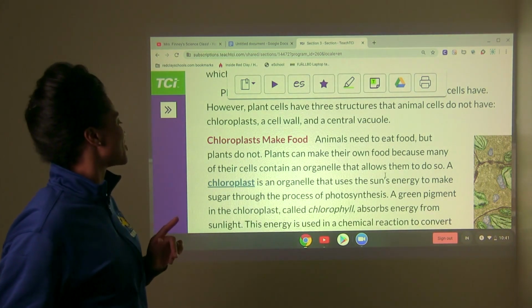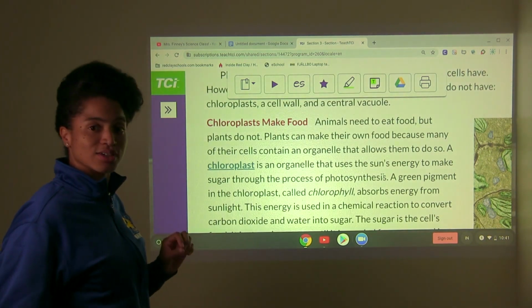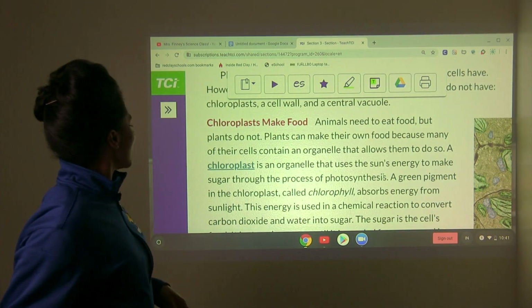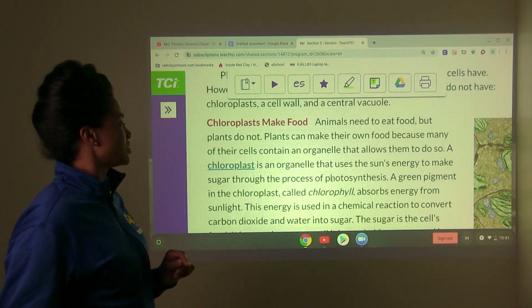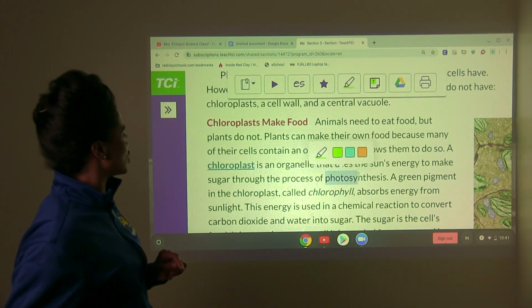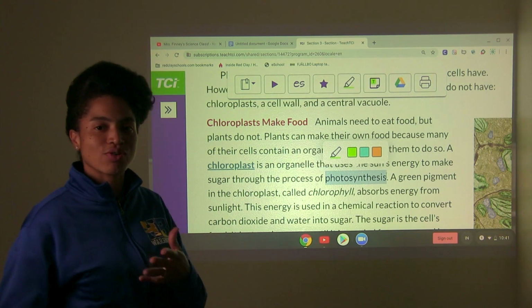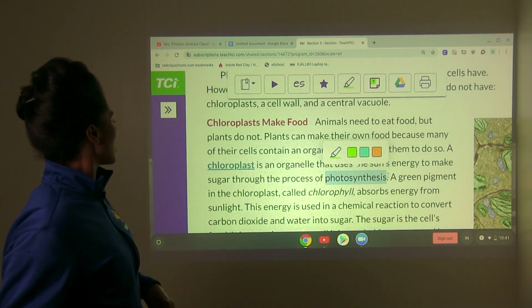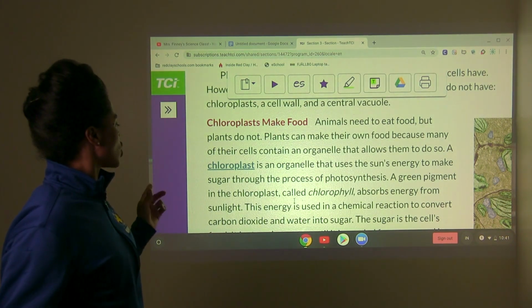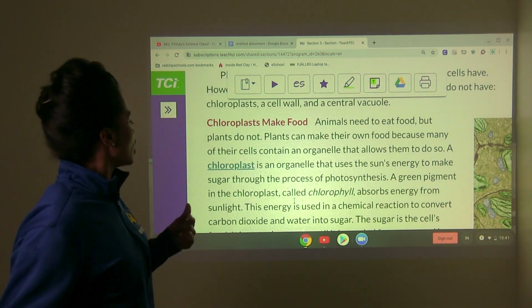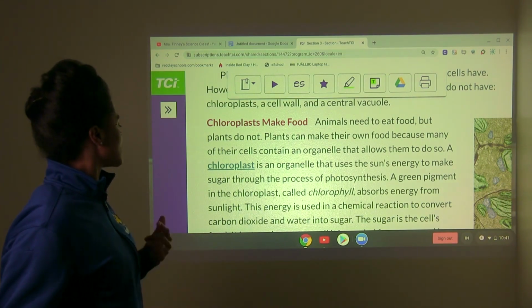A chloroplast is an organelle that uses the sun's energy to make sugar through the process of photosynthesis. How many of you have heard of this word before? You should be familiar with this from a previous grade, photosynthesis. All right. A green pigment in the chloroplast called chlorophyll absorbs energy from sunlight.